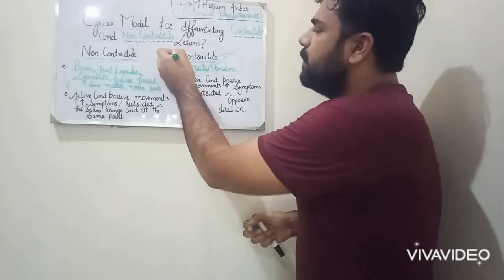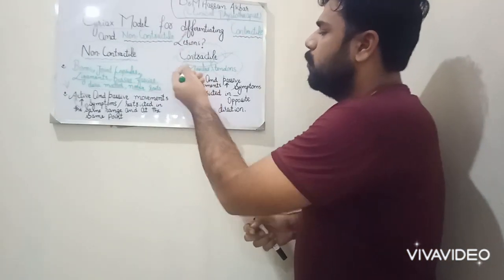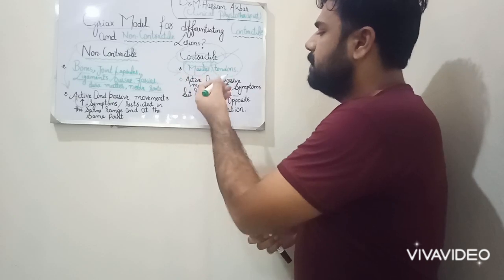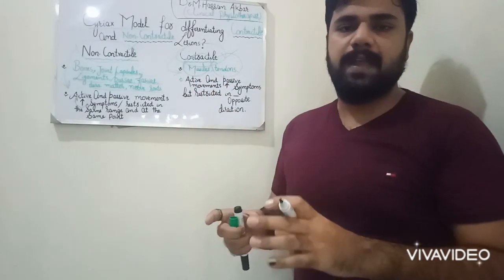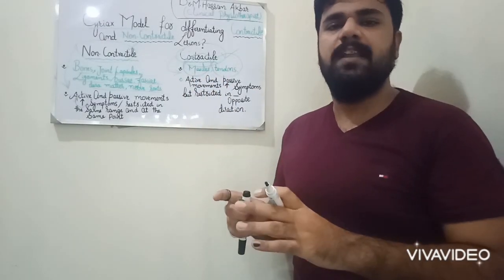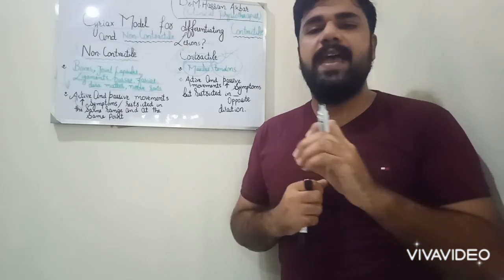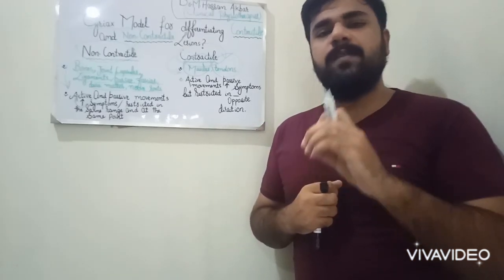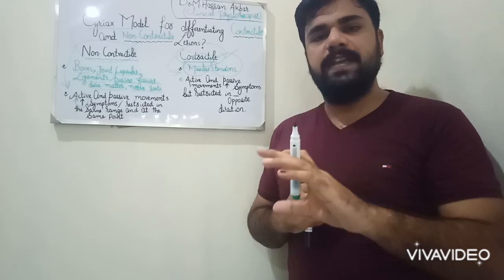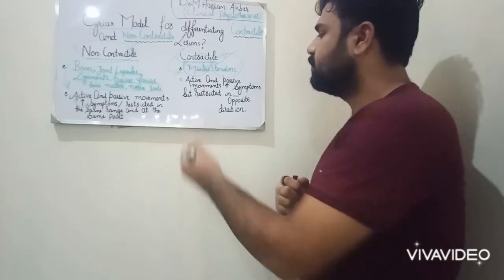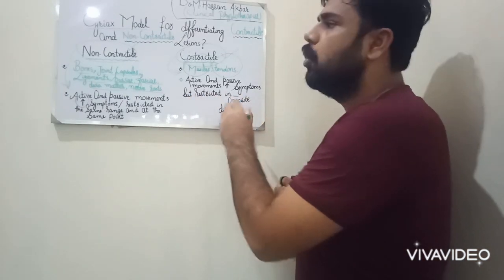But in the case of a contractile element that includes muscles and tendons, active and passive movements also increase pain, but they are restricted in the opposite direction.